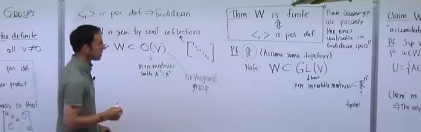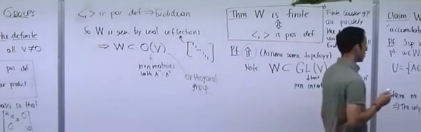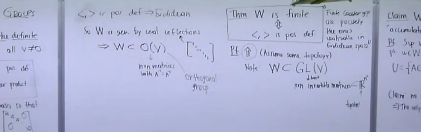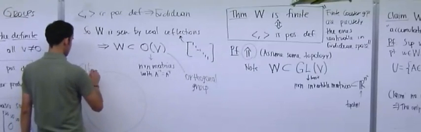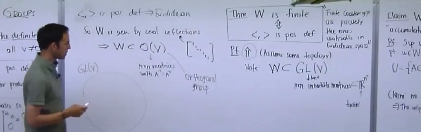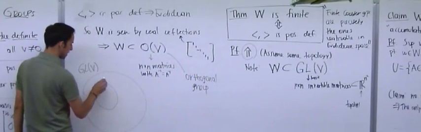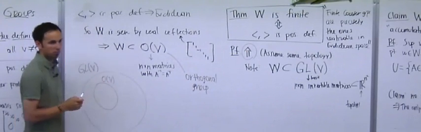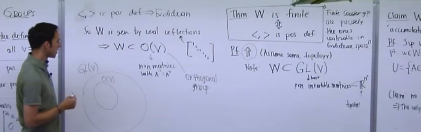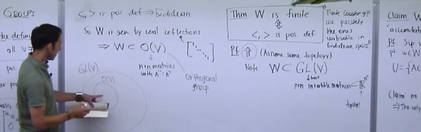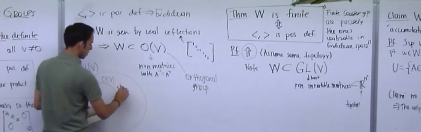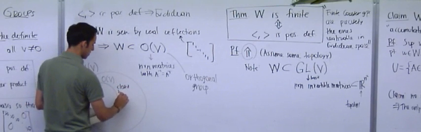Now, the thing about this orthogonal group is that, here's the general linear group. It's infinite. The orthogonal group is also infinite, but it's smaller because it lives inside there. And it's actually much smaller. How much smaller? Well, you can prove that this thing is closed and bounded.